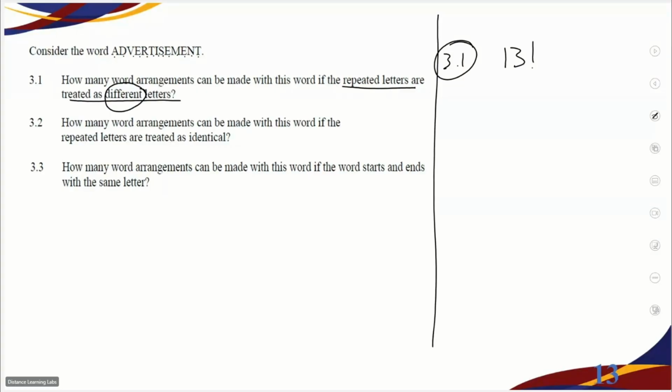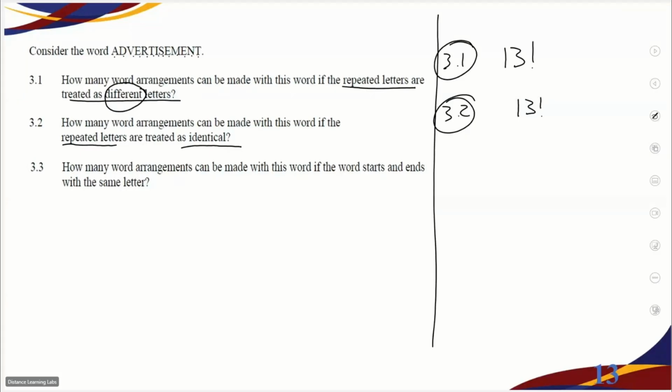Then 3.2. How many word arrangements can be made with this word if the repeated letters are treated as identical? Now, those letters are no longer different like in the first example. If they are treated as identical, then advertisement has 13 letters, so that is 13 factorial divided by those identical letters.